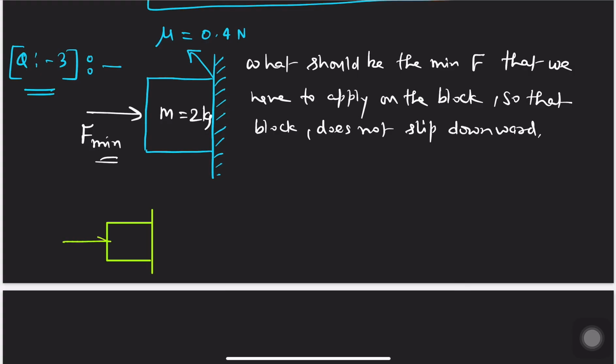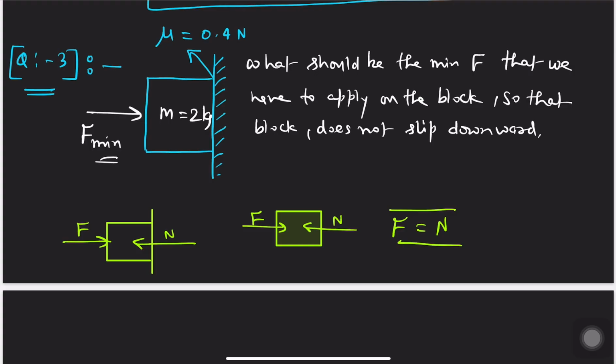If I am applying F in this direction, there should be a normal force from the contact surface. Of course, the body is in equilibrium, so in the horizontal direction this will be F and this will be the normal force. So F should be equal to normal in every situation. That is the first thing.